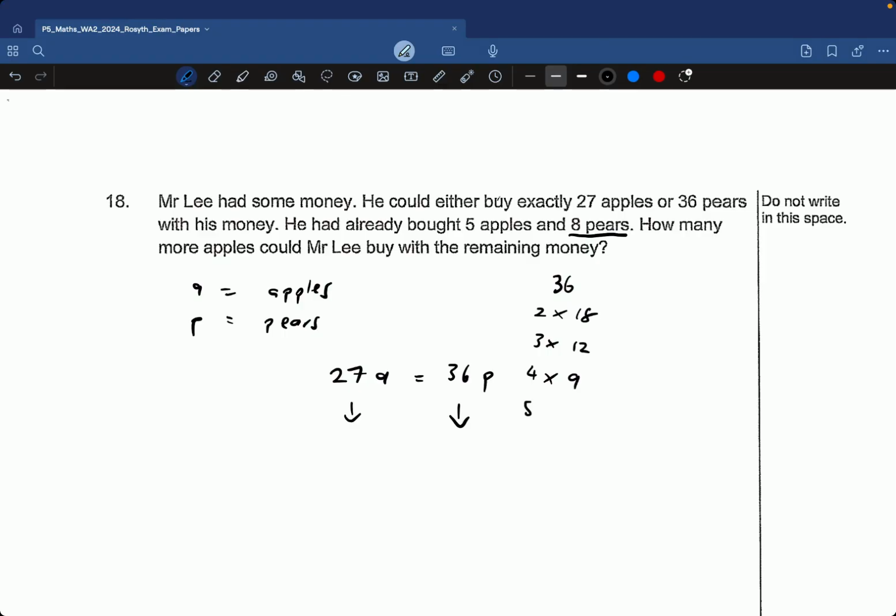No, we can't have 8. Actually, we can, right? So basically, if it goes 4, that means we divide this by 9. So 36 divided by 9, 27 divided by 9. This will be 3 apples equal to 4 pears. So we times 2, this will give us 8 pears. And this will give us 6 apples, right?